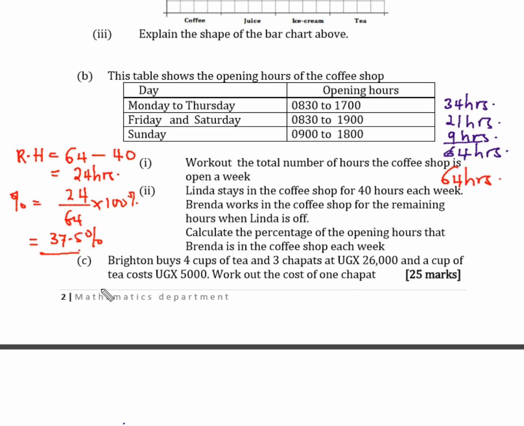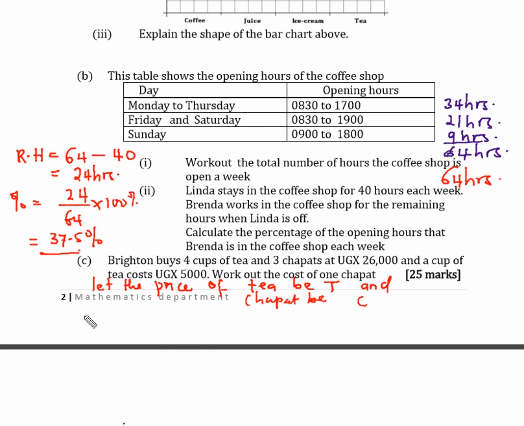So we are going to say let the price of tea be T, and let the price of chapati be C. Is that okay?